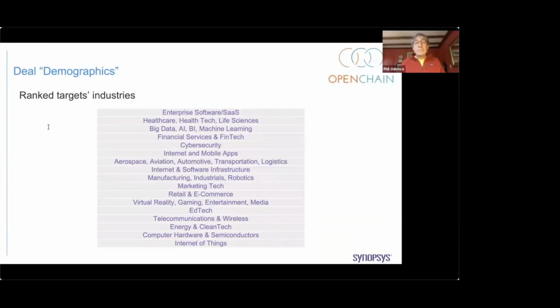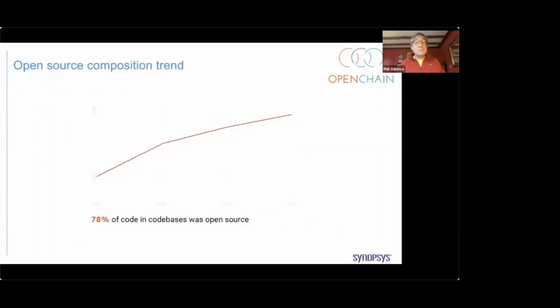All these greatest hits of software these days are covered, and then some, and I won't call them obscure, but some less frequent industries, at least in terms of our auditing, would be virtual reality, gaming, education, a little less in telecom. But certainly I wanted to give you a sense we're covering a broad spectrum of industries.